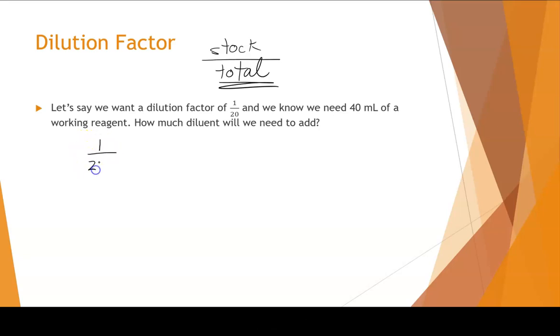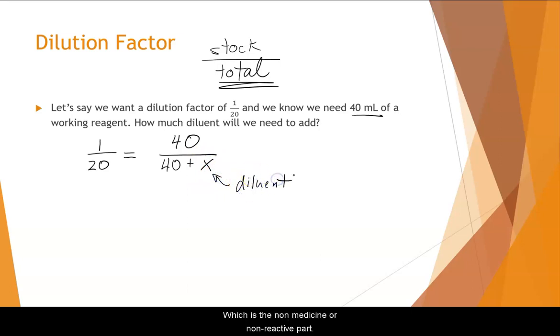In other words, 1/20th would equal 40, which is the stock standard, the amount of working reagent, divided by 40 plus some amount X. And this X is the diluent, which is the non-medicine or non-reactive part.